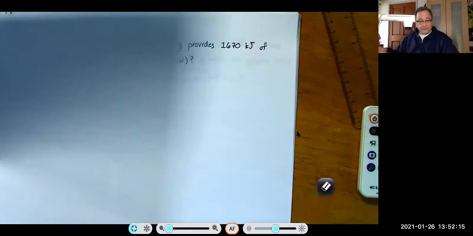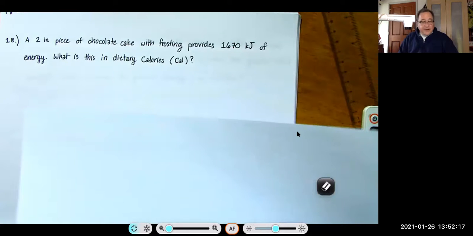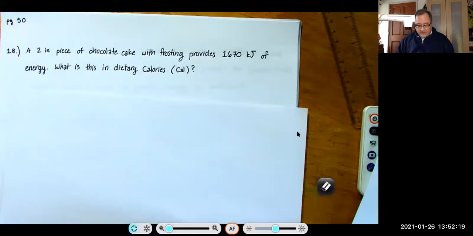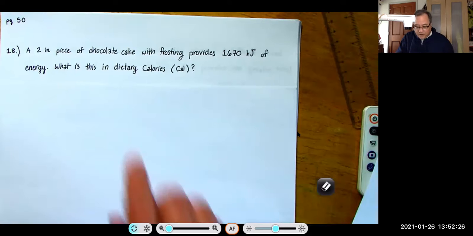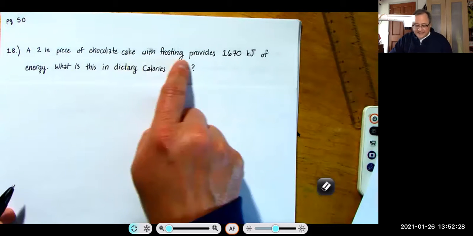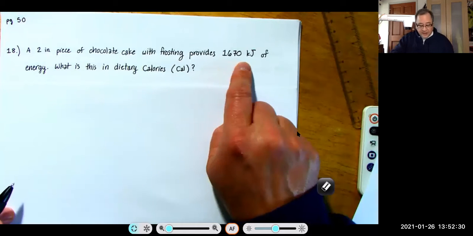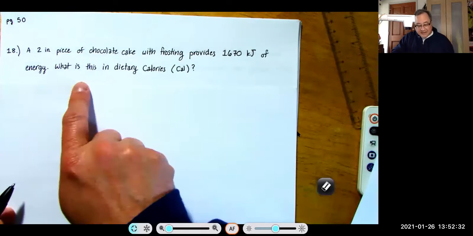Here we go. So this is on page 50. This is more of the converting. A 2-inch piece of chocolate cake with frosting provides 1,670 kilojoules of energy. What is this in dietary calories?